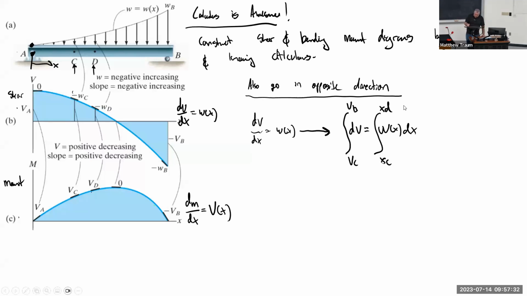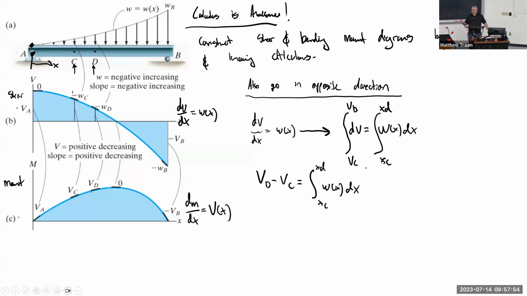And what I end up with is just V_D minus V_C is equal to the integral of w(x) over that region.